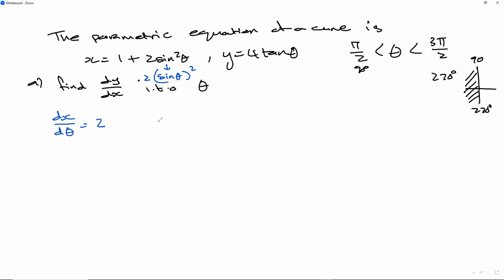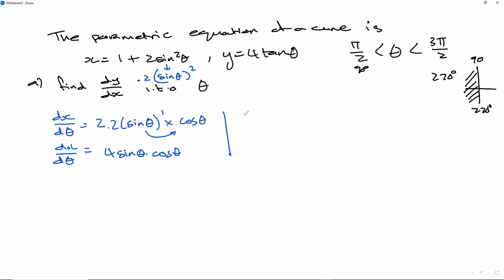And from that, I'm going to bring the 2 in front and multiply it by sine theta to the power of 1, multiplying it by the derivative of the inside, which is going to be cos theta. So that's going to become 4 sine theta times cos theta. All right, so that's dx d theta.